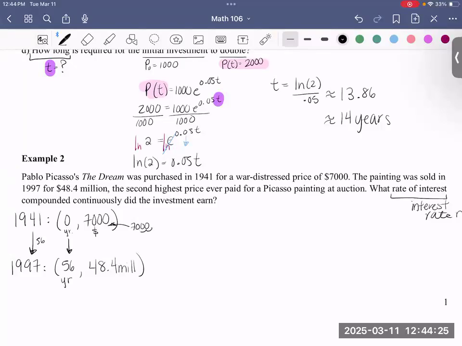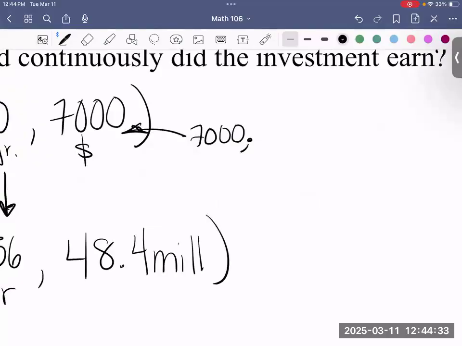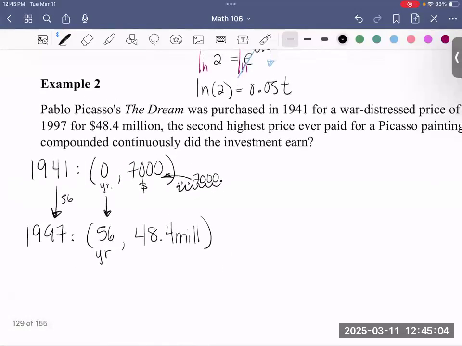We're going to move it 1, 2, 3, 4, 5, 6 for your millions. Let me try that one more time. 1, 2, 3, 4, 5, 6. So this is your new decimal place. So this is in millions.